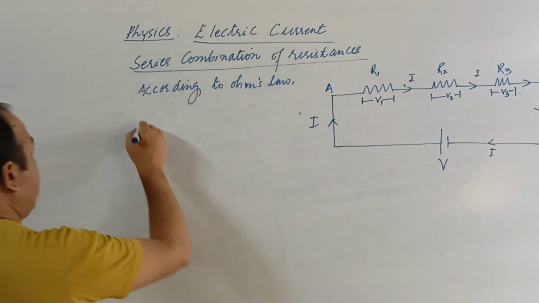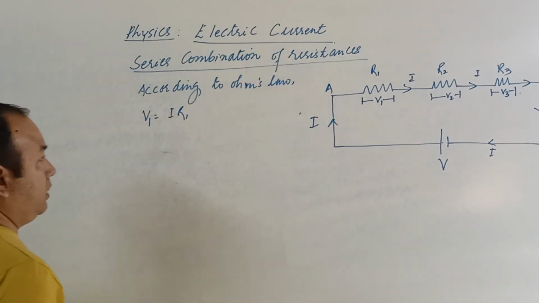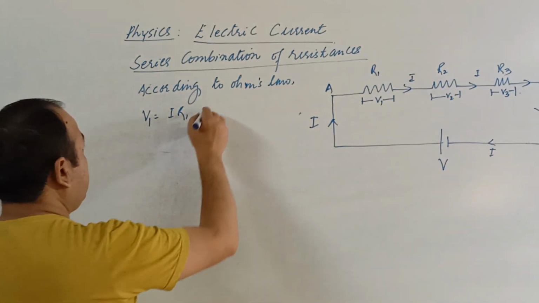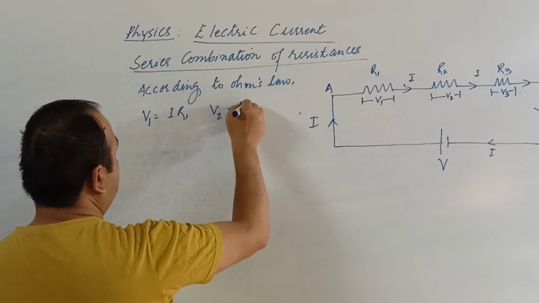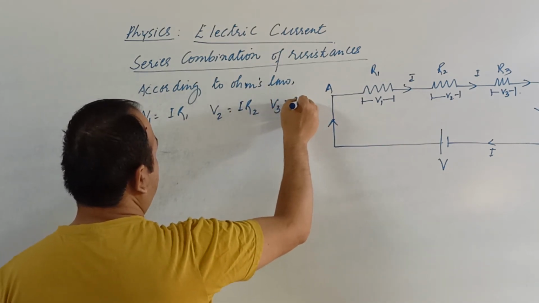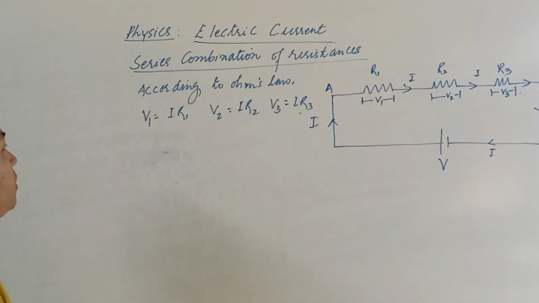V1 is equal to I R1, that is the potential difference across the first resistance. Then V2 is equal to I R2. Then V3 is equal to I R3. So this is from Ohm's law.